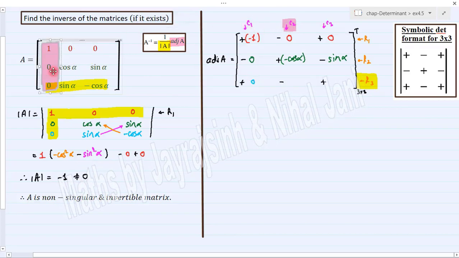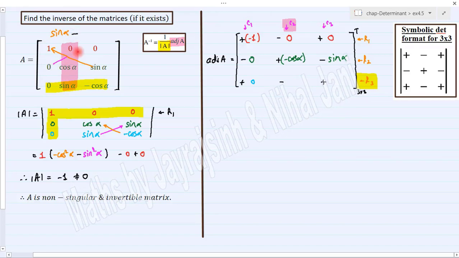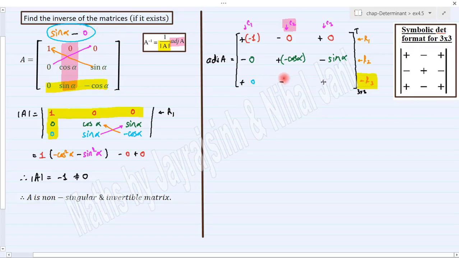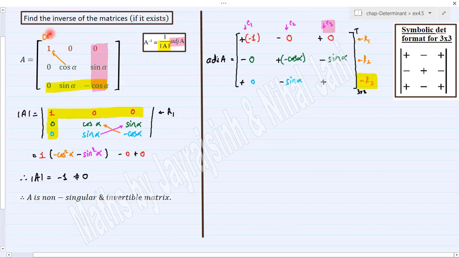Now the second element is in second column. So sin alpha into 1 will be sin alpha, minus 0 into 0 will be 0. So here we'll get sin alpha. And the last element is in last column. So in our last row, last column will give us cos alpha minus 0, or we can say cos alpha.